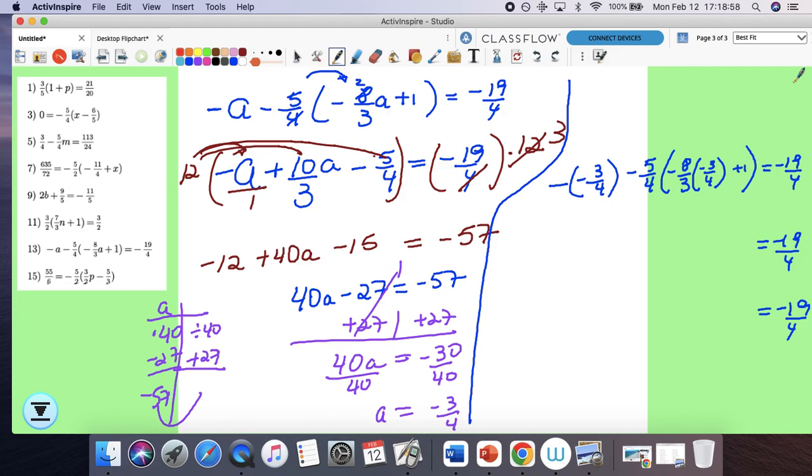Negative 12, negative 15 is negative 27. Negative 12. 4 times 10 is 40. 12 and 4 is 3. 3 times 5 is 15.